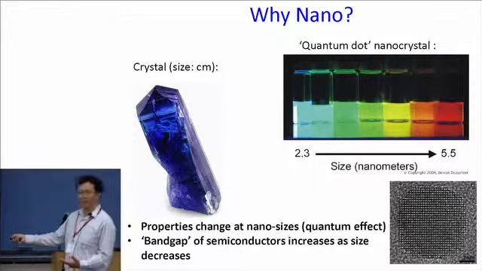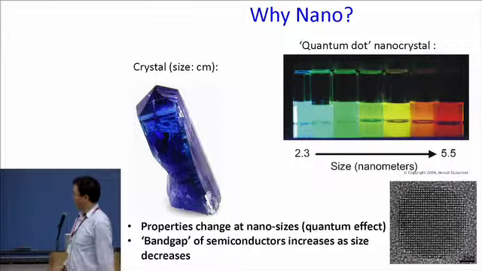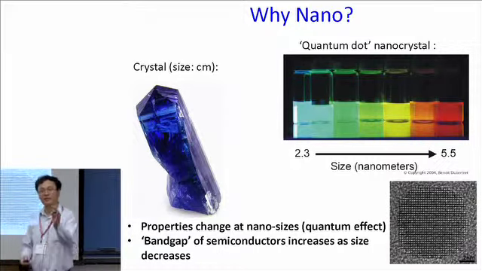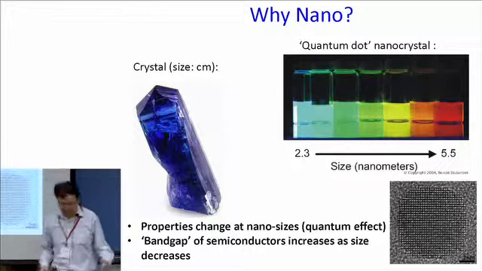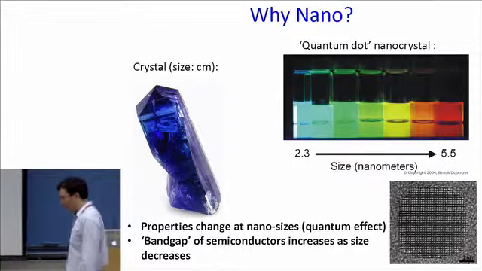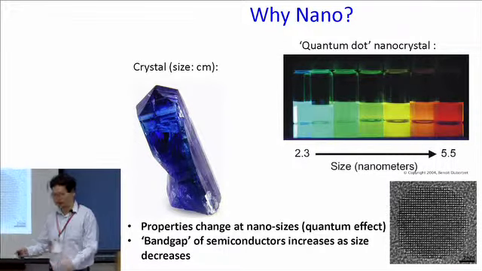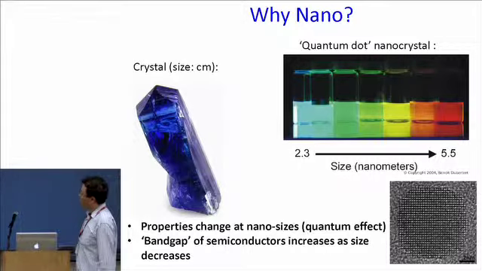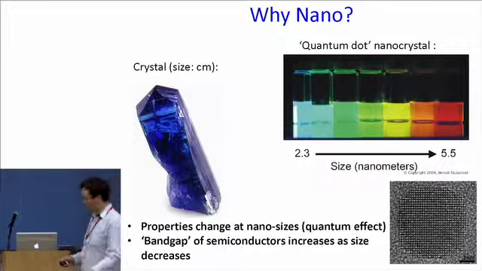In this case, the so-called band gap of the semiconductor increases as the size reduces. So by simply changing the size, you can tweak the properties of the material, which could be useful for different applications. This is a very important piece of nanoscience.